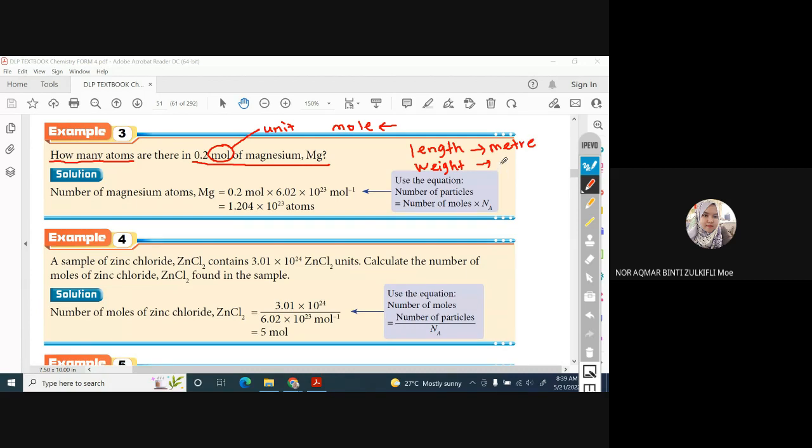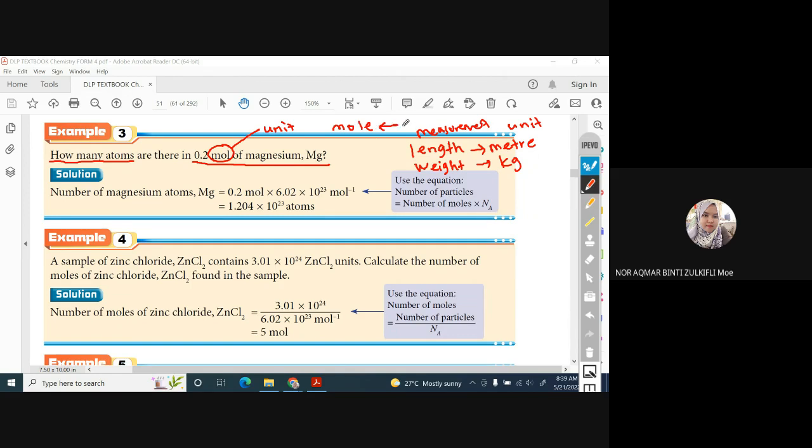And weight, who knows weight? Yes, very good. That's why I say your class has no problem, everyone is clever. So these are measurements: length, weight, and these are the units, meter, kg. It's the same with chemistry.